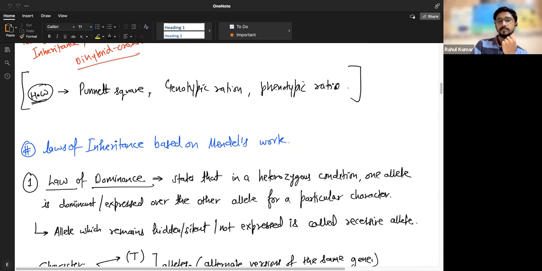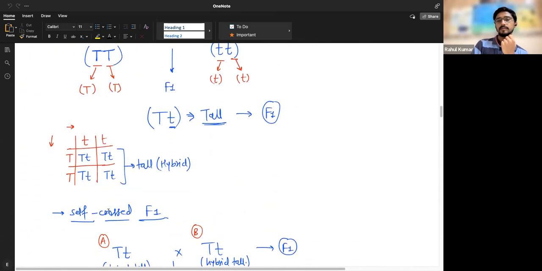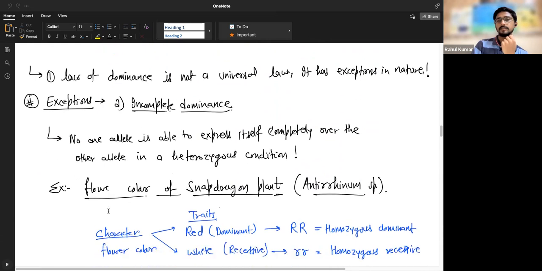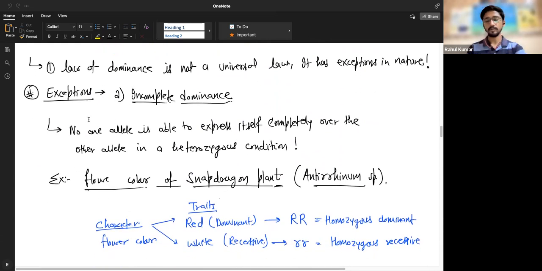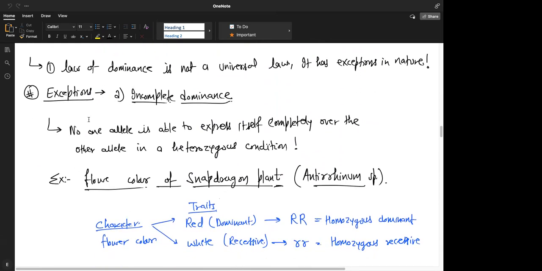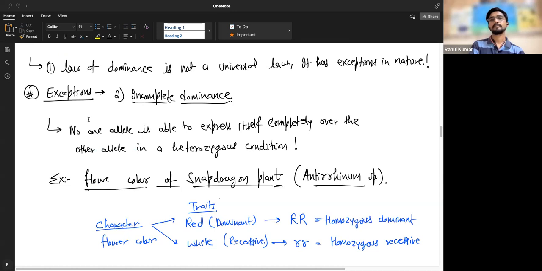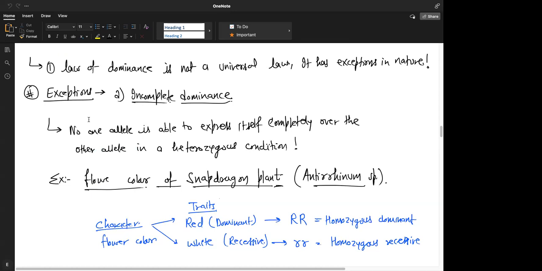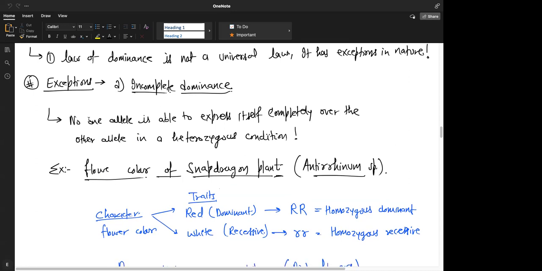After that, we did the exceptions to the law of dominance. There are 2 exceptions. One is incomplete dominance, in which the F1 hybrid exhibits a character intermediate between the parents.